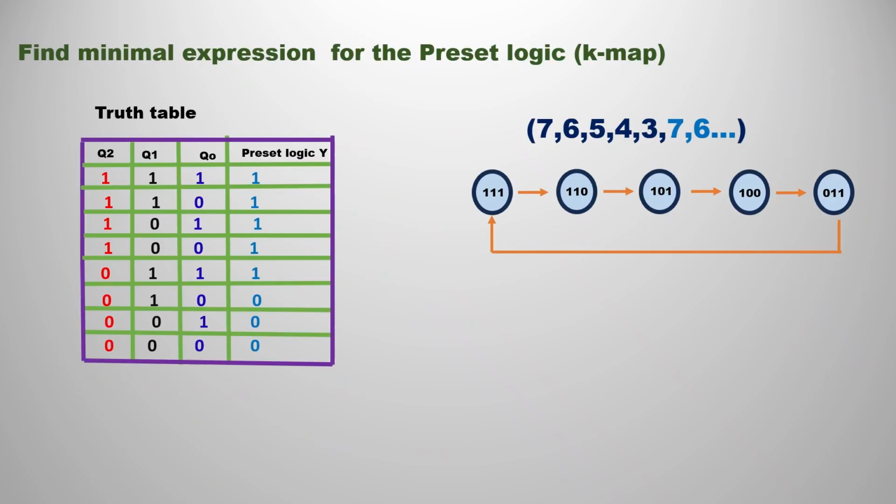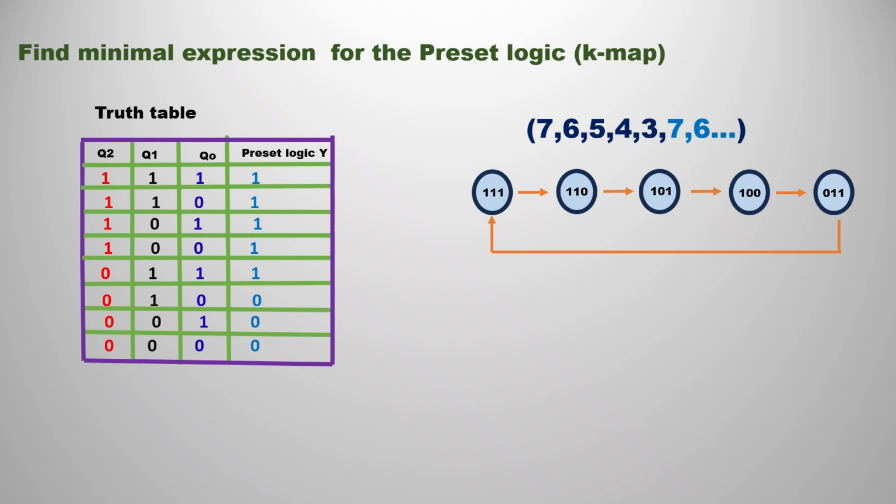Now we are going to form the truth table with the help of the outputs. We are using 3 flip-flops, so we are going to have 3 outputs, that is Q2, Q1, Q0. And what is this preset logic? Preset logic is nothing but whenever you see the last one, that is 3, the next step after 3 would again be the preset logic.